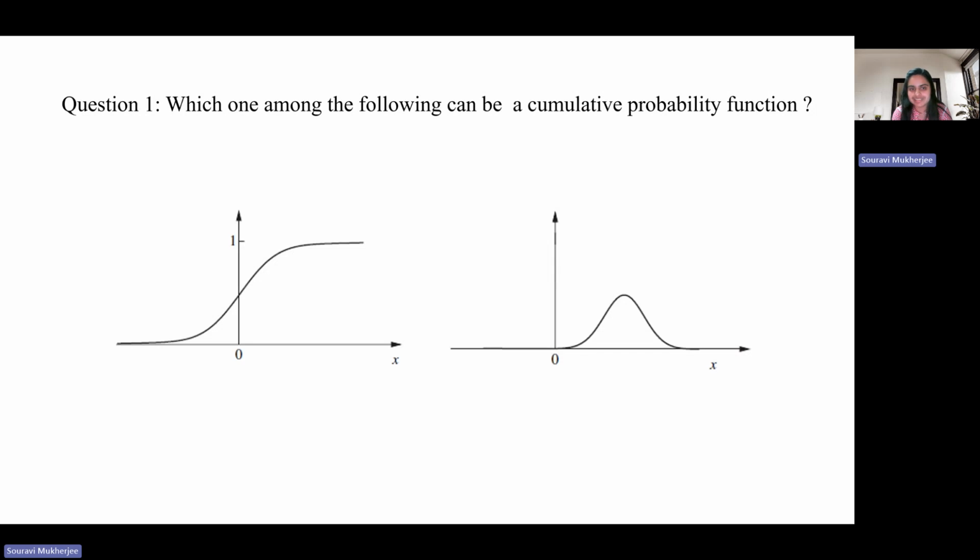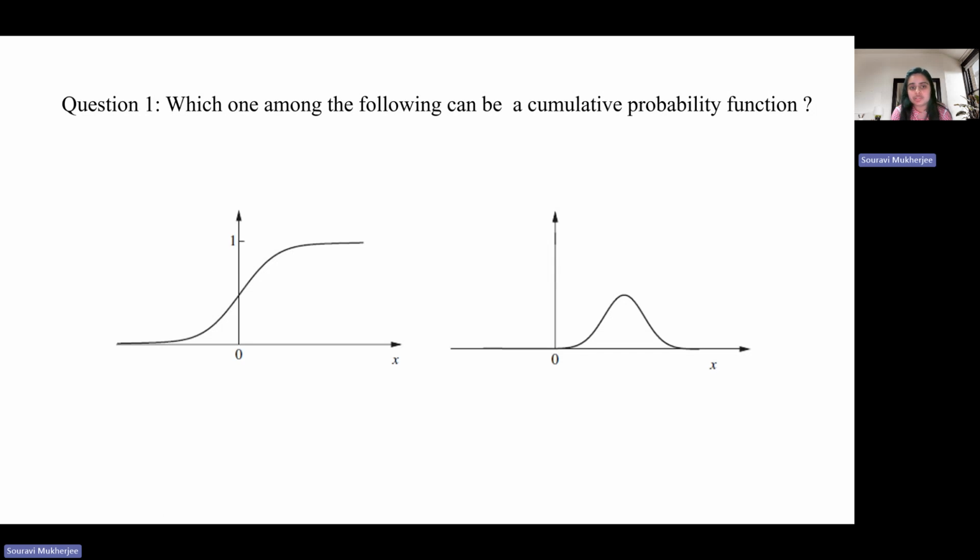If you have an infinite region or sample space, then you can take P of infinity. That should come out to be 1. And P of minus infinity should be 0. So it should be a monotonically increasing function which should flatten out at 1. So this is a typical plot of a cumulative probability function.